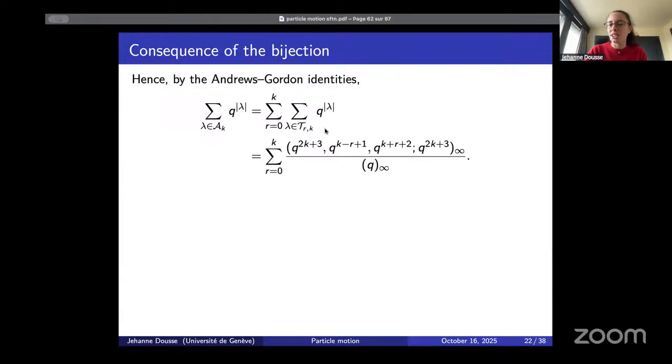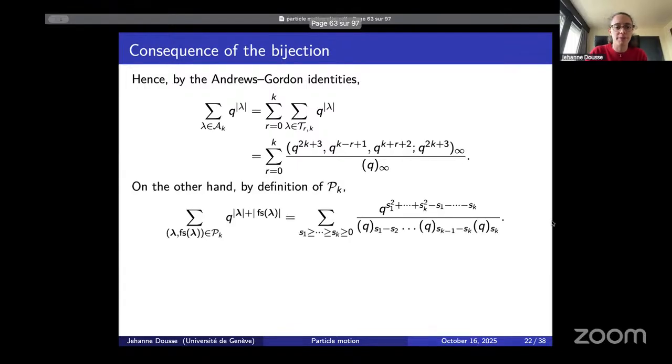And by Andrews-Gordon, you know that the generating function of these T_{r,k} is a sum on one end, but also a product, if you assume that the Andrews-Gordon identities are true. So in that sense, we get that the generating function for A_k is this sum of infinite products.